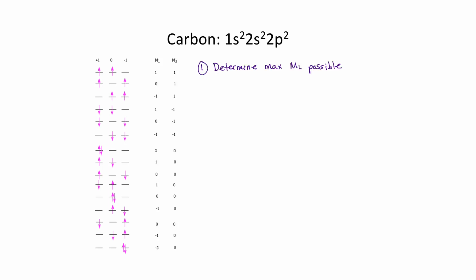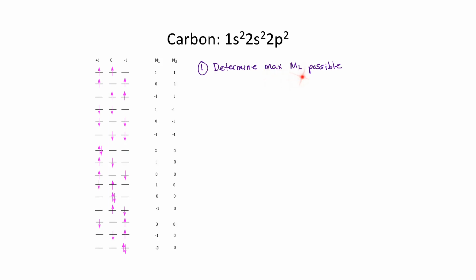Okay, so as we try to determine the different terms that are represented by these different microstates, we're going to take a stepwise approach to assigning all of these different microstates to different terms. Our first step in this process will be to determine the maximum m sub l possible. It's nice to have this little chart here so we can visually pick out the situations that we want.